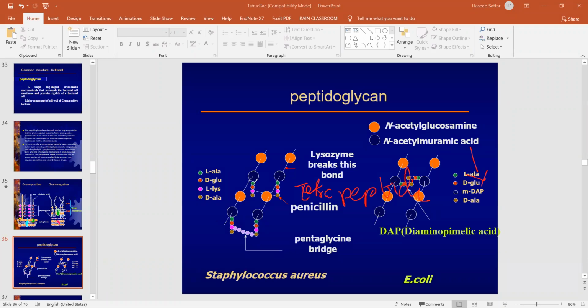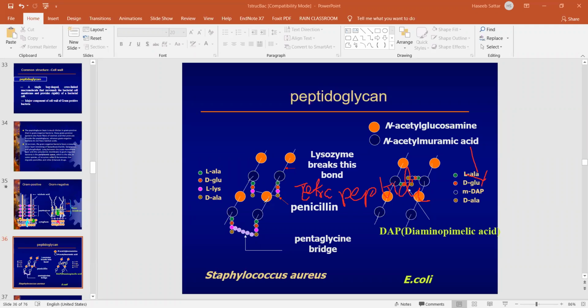Here you can see on each N-acetyl muramic acid we have 1, 2, 3, 4 peptide linkages, or 4 amino acids.